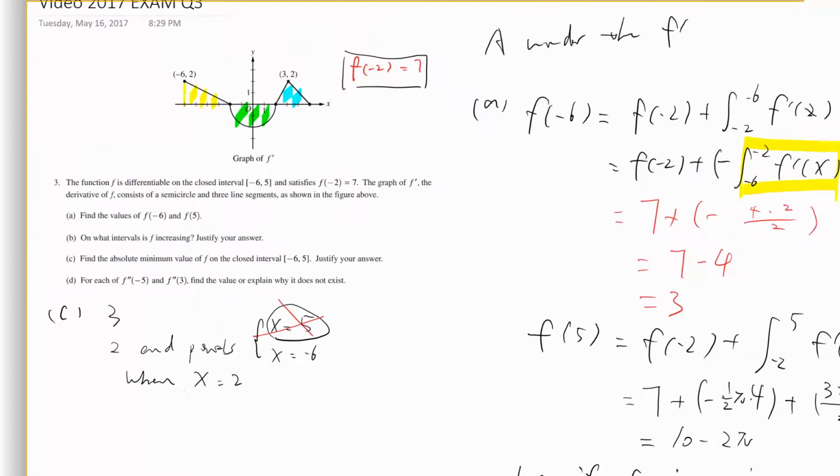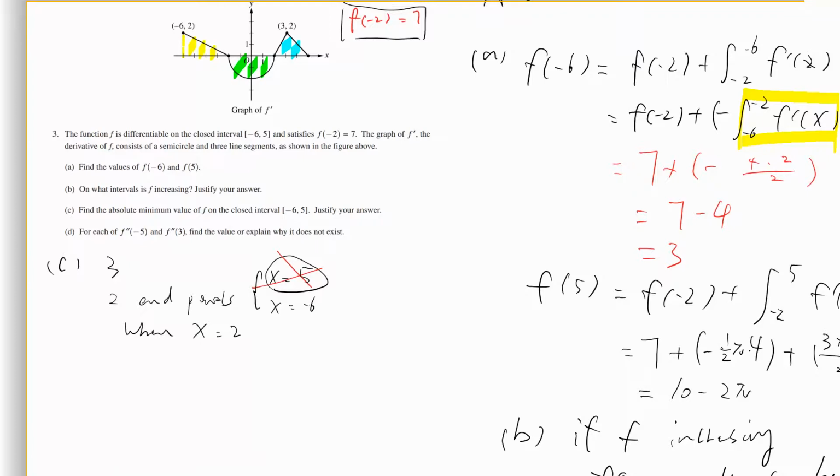The endpoints we already did for question A. We got f of -6 is 3 and f of 5 is 10 minus 2 pi. It is very easy to find f of 2 because it equals f of 5 minus the blue triangle, which is 3 times 2 over 2. So we have 7 minus 2 pi.